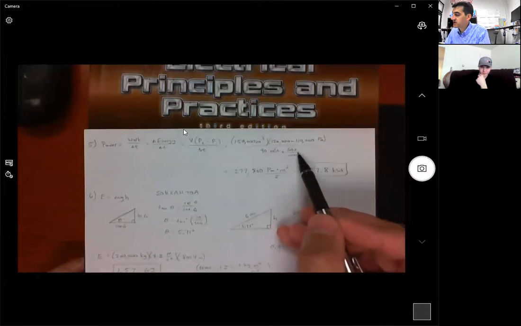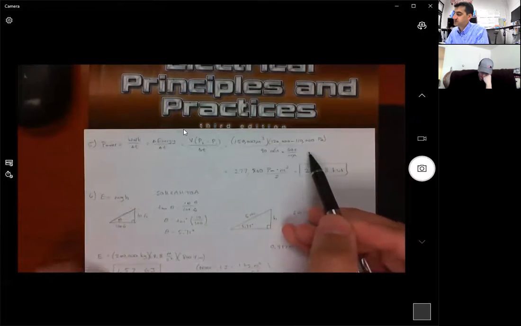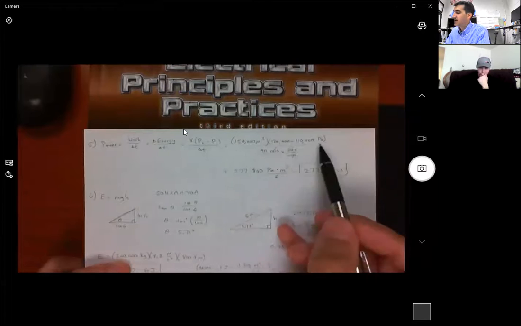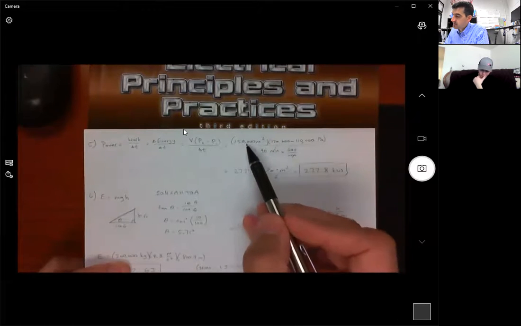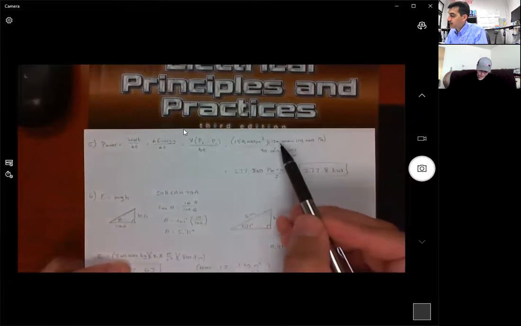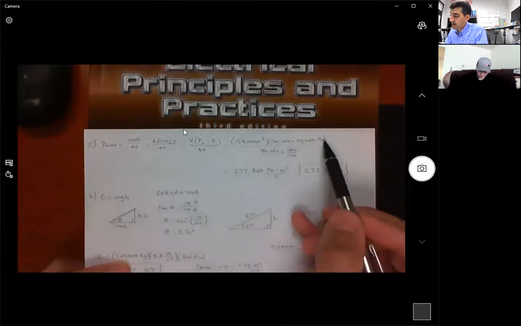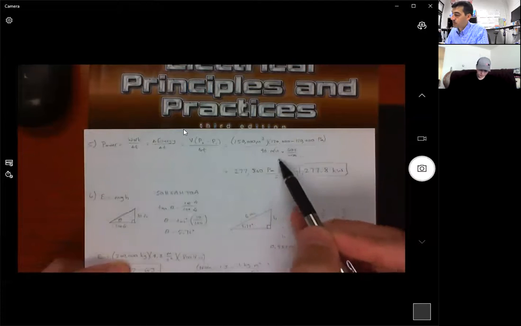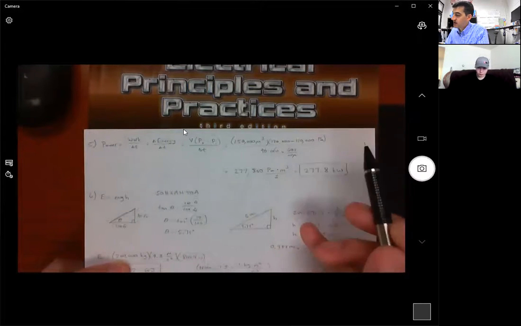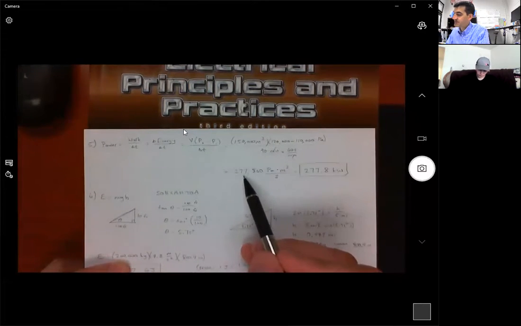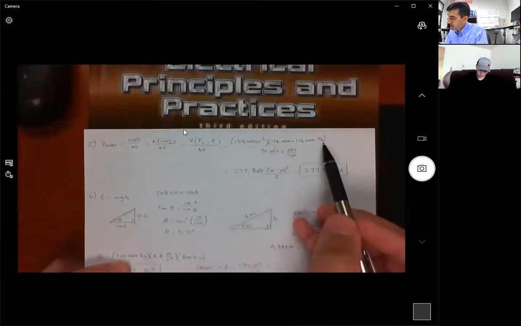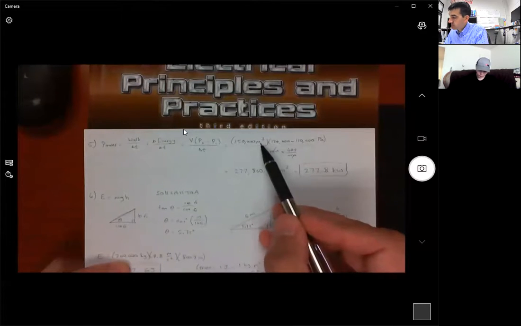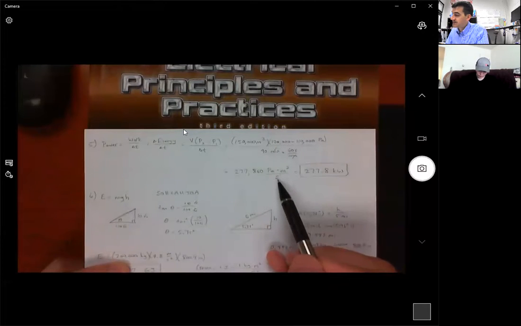I didn't finish this calculation here, but you would get 540 seconds. So we're plugging all of this into our calculator. 150,000 meters cubed times what's going to be 10,000 pascals divided by what's going to be 540 seconds. And when you do all that, you will get 277,800 pascals times meters cubed, which is a joule per second.